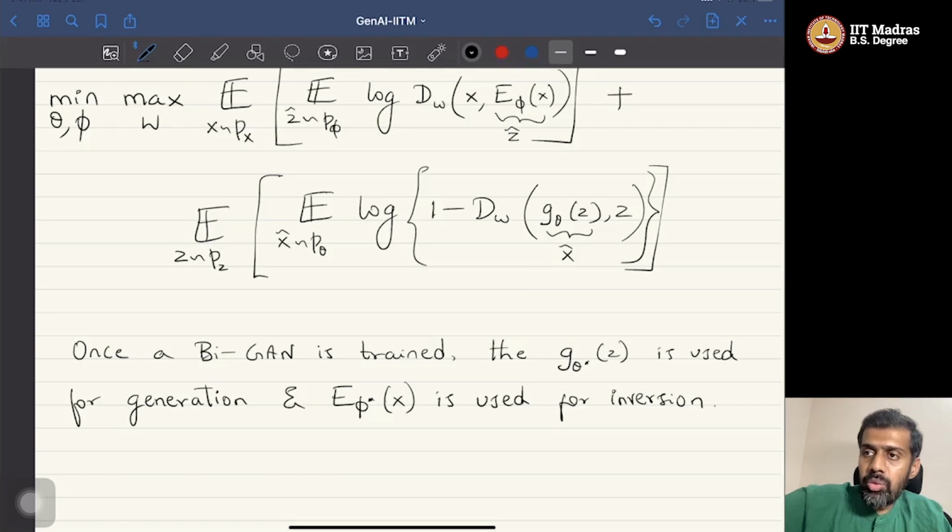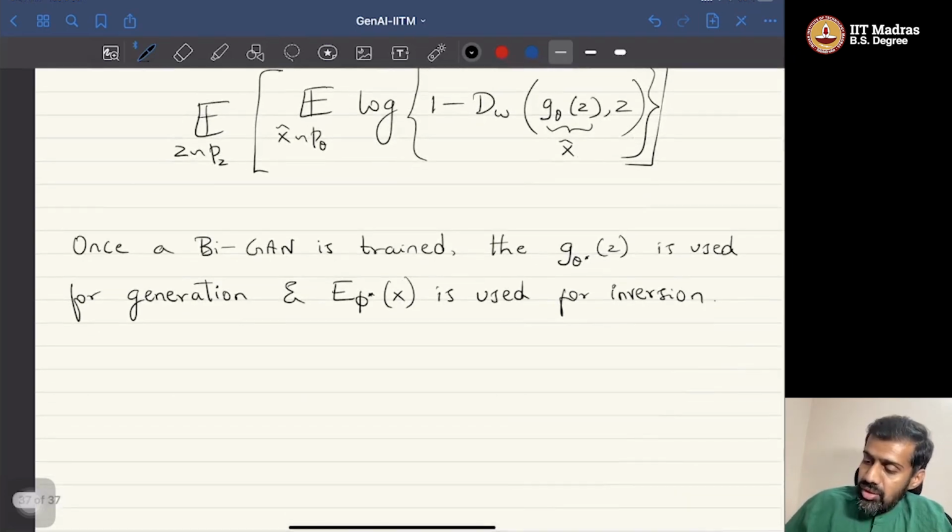So once trained, what can be done is that given a particular z, the g theta network would generate an image just like the usual generator. Given a particular x, the e phi network would give you the corresponding input vector for this particular x using the encoder network. That's what happens.